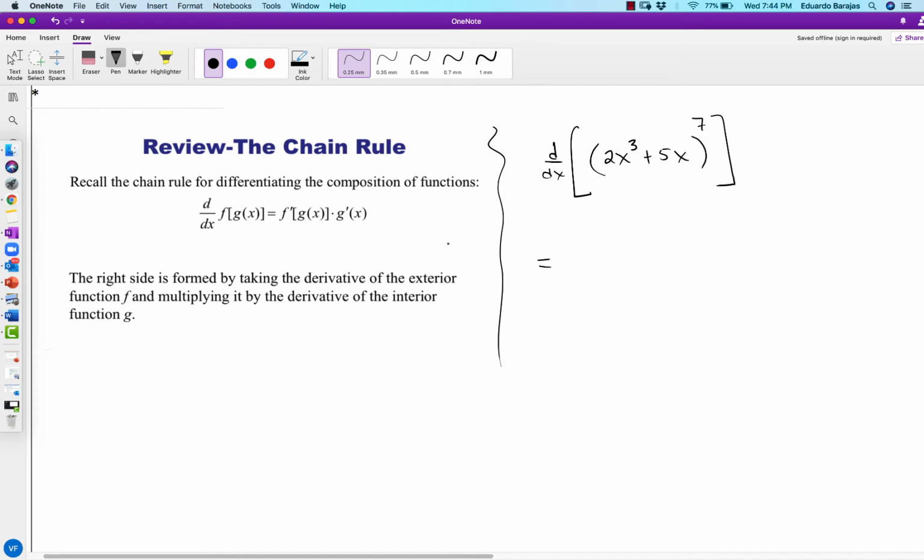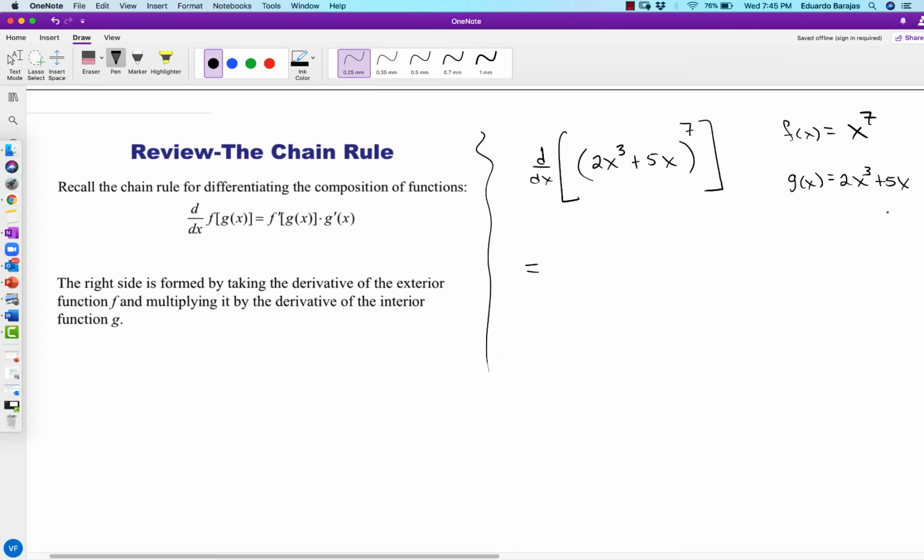Just the way I've written it here, we can think of the outside function as f of x equals x to the power of 7, right? Blank to the power of 7. Whereas the inside function, the g, is 2x to the power of 3 plus 5x, right? So then we can think of this as a composition of functions. It's the f function evaluated at g, right?